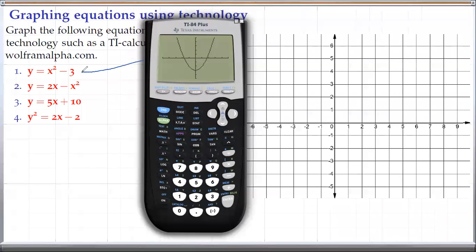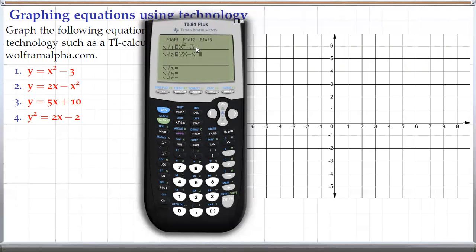That's the first one. Let me show you the next one also, how to do it on the graphing calculator. Again, go to y equals. You can clear the first one, or you can just use y2 equals to type in the second equation. So we have y equals 2x minus x squared. So we have both the first and second equations here.